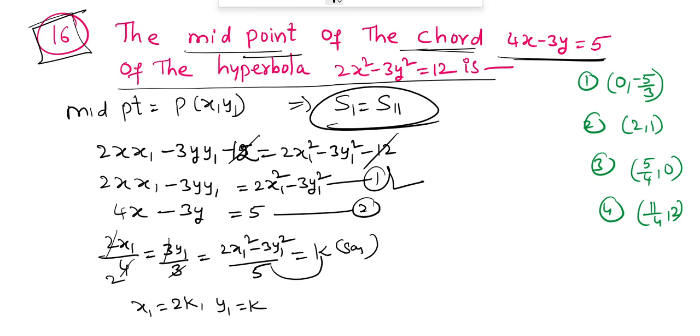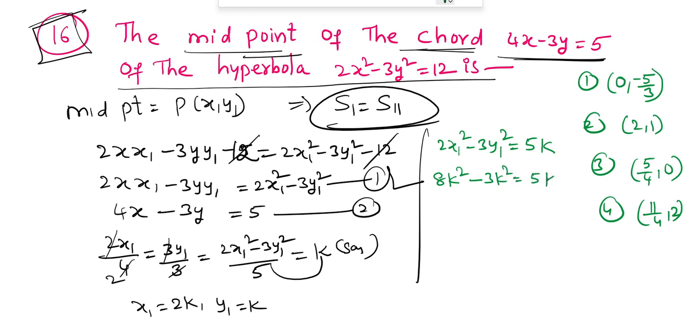Substituting in 2x1 square minus 3y1 square is equal to 5k: 2 into 4k square is 8k square, minus 3k square is equal to 5k.